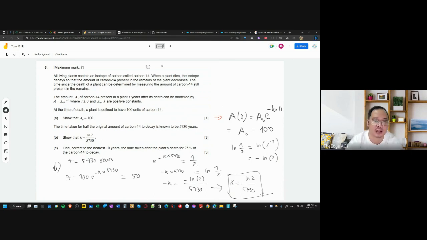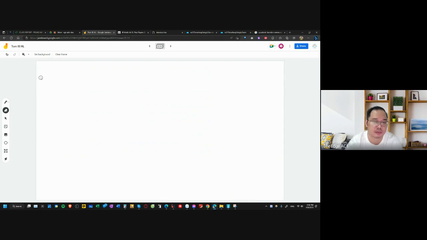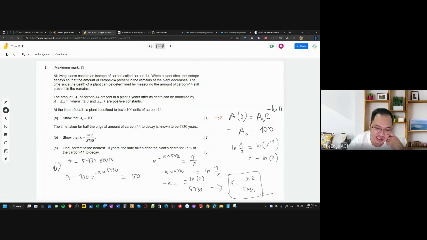But this is a math problem, so we need to do it mathematically. Letting the value A be 25% of the initial value. The initial value is 100, and therefore 25% of that is 25. Plug into the equation and ask the calculator to find the time.